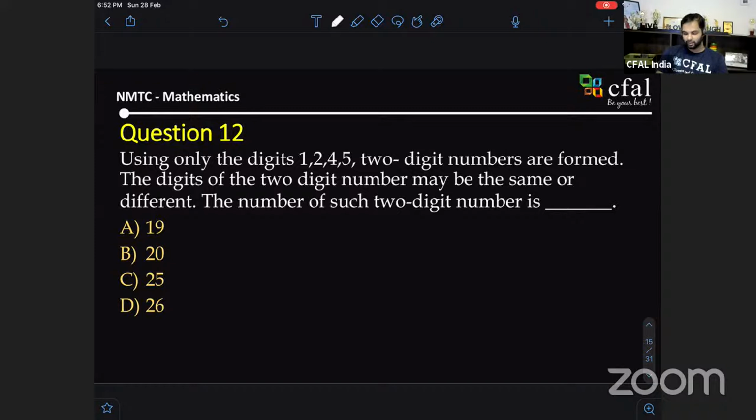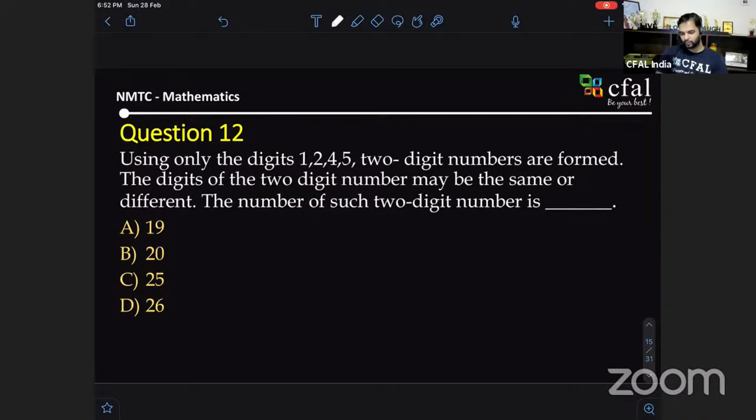If you're talking about 10 objects or elements, then you need the formula. Otherwise, for smaller numbers, you can count in a better way. So count smartly, and probably you won't require permutations or combinations. Anyway, let's see.